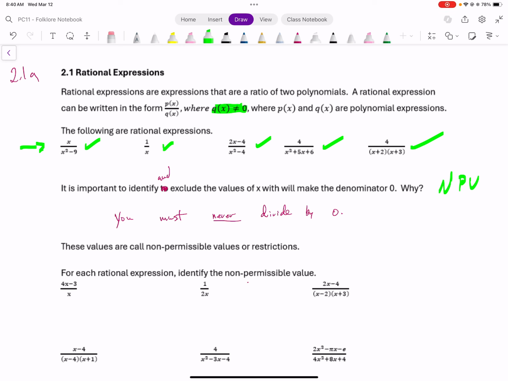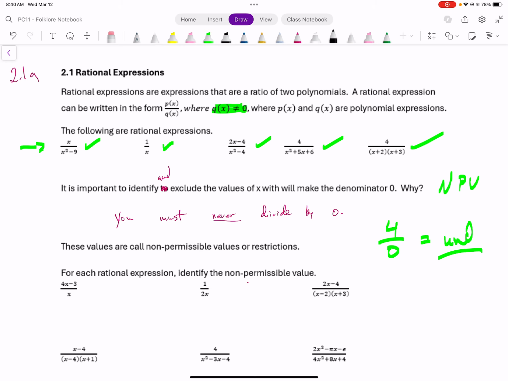Why? It's a really important fact that you must never divide by 0. It's impossible. So for example, 4 divided by 0 is, well, hopefully you hit a roadblock and said, well, it's undefined. You can't divide by 0. So these are called non-permissible values or restrictions, the values of x that make it 0.